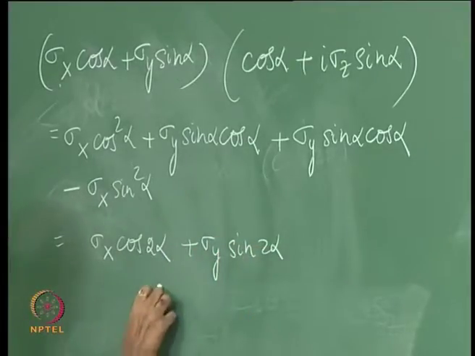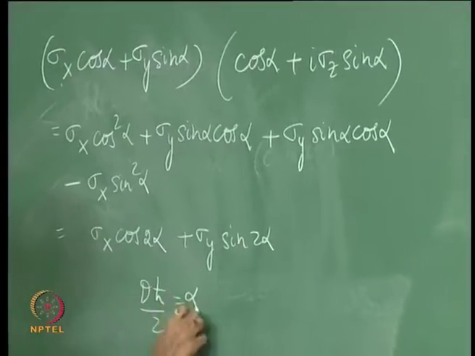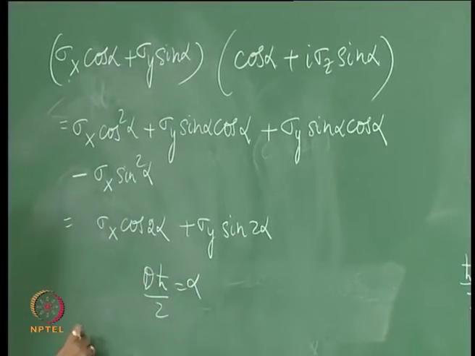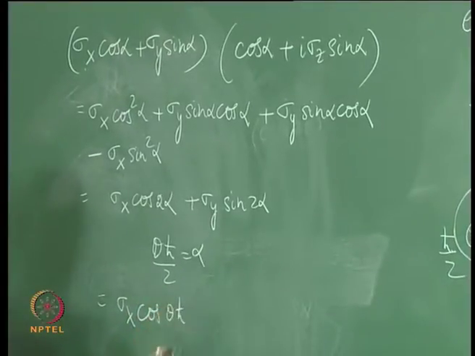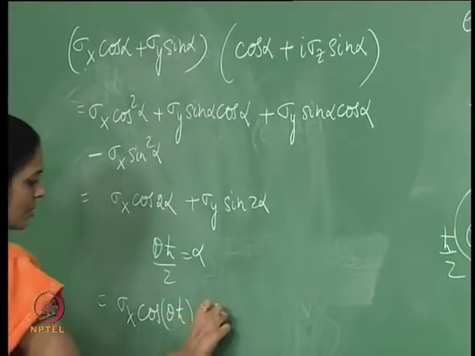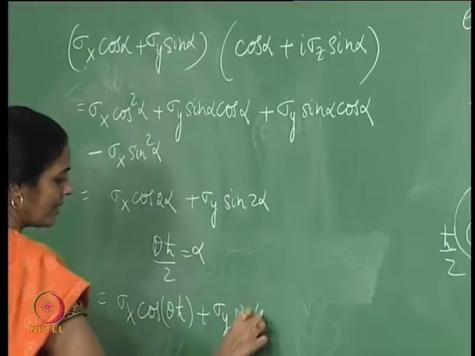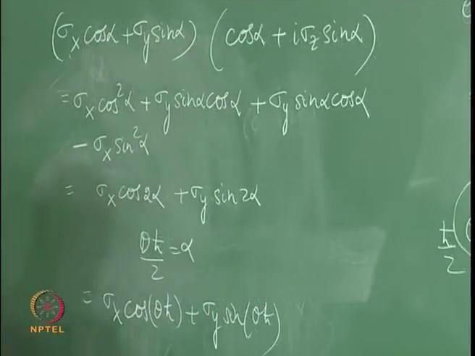But remember that theta h cross by 2 was alpha, and therefore, this is simply sigma x cos theta h cross plus sigma y sin theta h cross. Remember that theta itself has dimensions. It can be written in terms of h cross inverse, because it figured in the exponential.